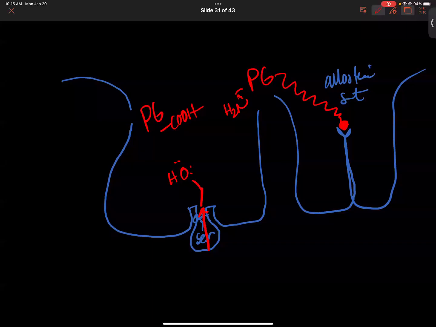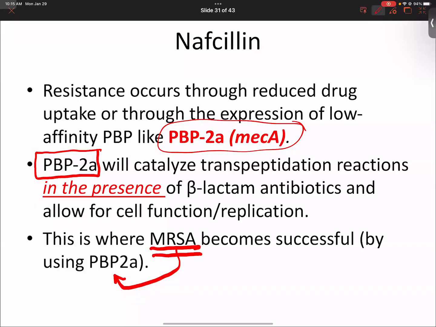And that's been the mystery for a long, long time. Do you know of a drug that might be successful at doing this? Julian, what is that drug? Vanco? Not necessarily Vanco. Remember, we haven't talked about Vanco. Vanco doesn't go into the active site and inhibit the serine residue.